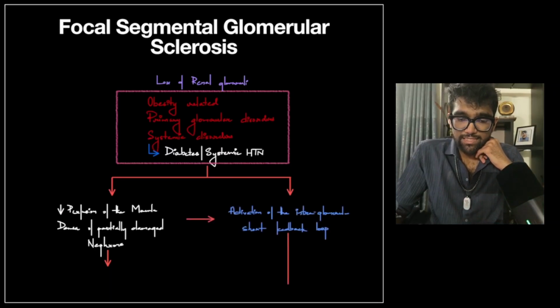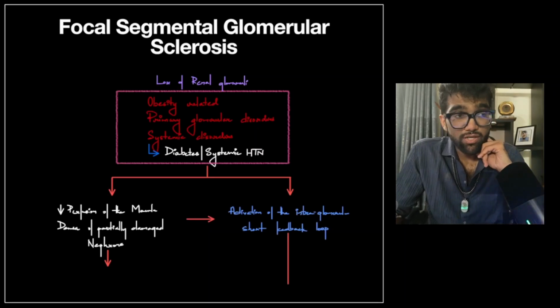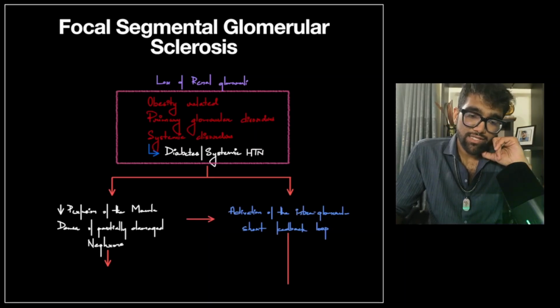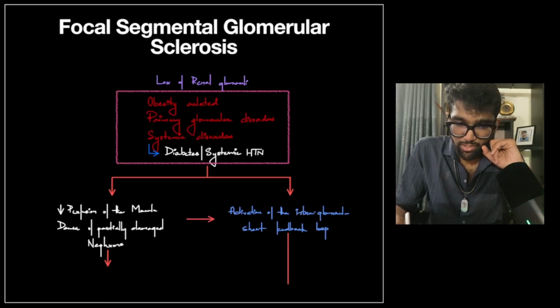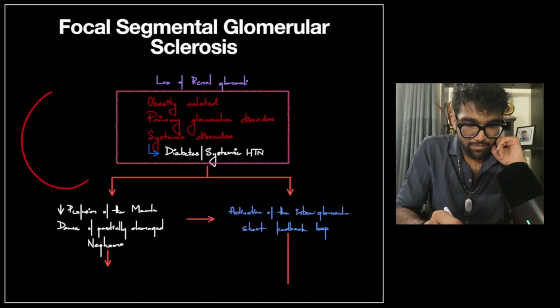Now this results in activation of the intraglomerular short feedback loop. So in your glomerulus, say this is the glomerulus, and this is the opening of the glomerulus.